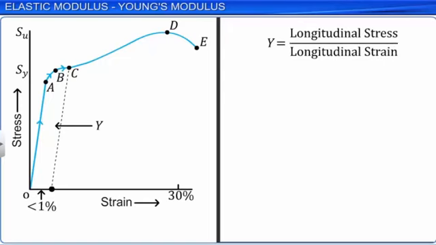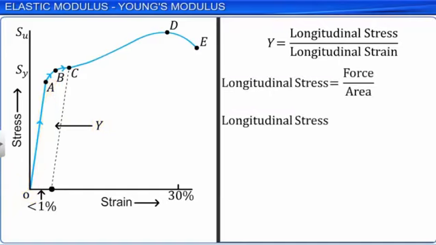Longitudinal stress is measured as the ratio of the applied force F to the area A of the face to which force is applied.